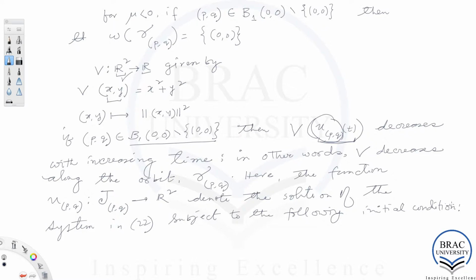Okay. So let me write down equation number 22 from the previous segment first. So it was dx over dt is equal to minus y plus mu x times 1 minus x squared minus y squared, first equation. The second ODE was dy over dt is equal to x plus mu y times 1 minus x squared minus y squared. Okay.